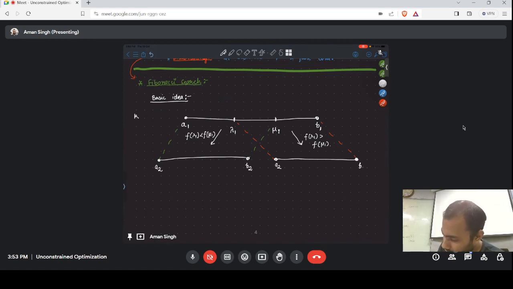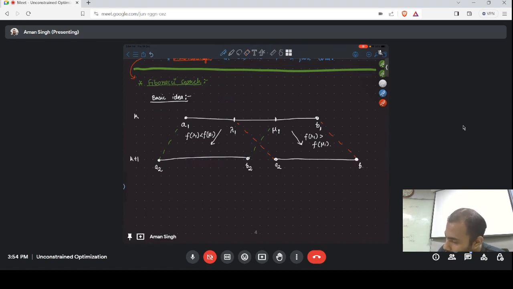So let's say this is the kth iteration, and this is the k plus 1 iteration. What we were doing was finding a midpoint, plus and minus epsilon, and this requires two function evaluations in each step. Instead of that, we can use the extra point that we had from the previous iteration.